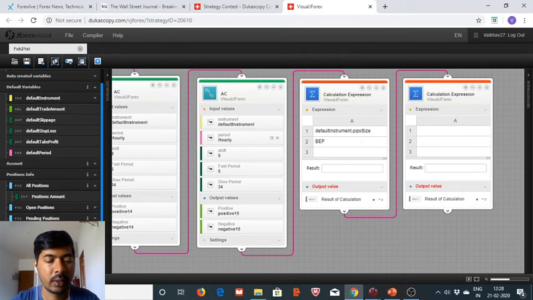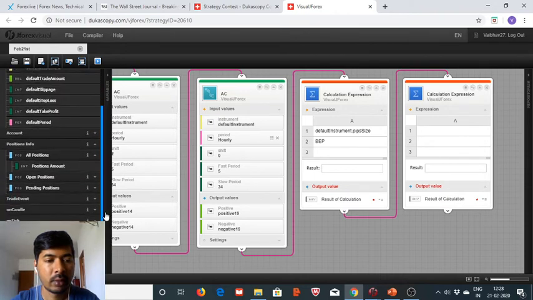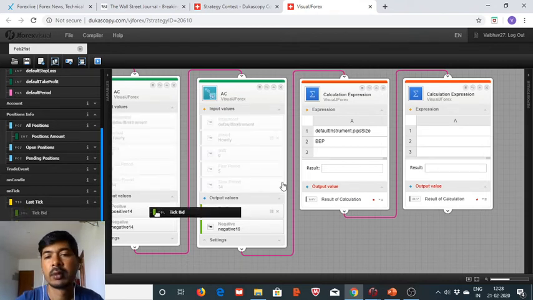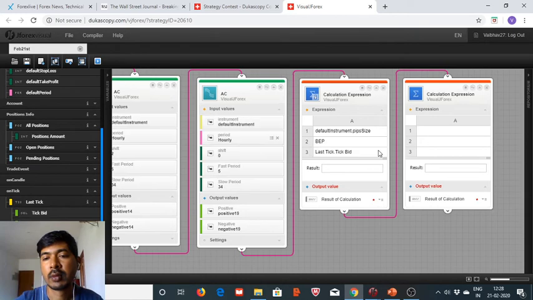So the last tick is here, tick bid, so we got it, last tick bid, and then we will do some math here.